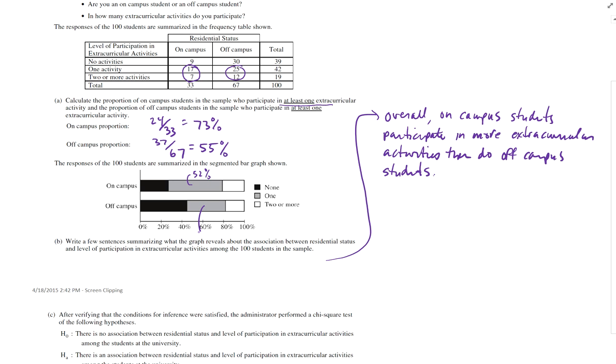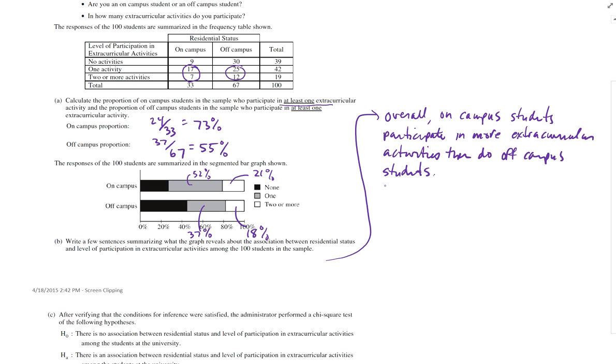This number here is 25 out of 67, is 37%. This number here is 12 out of 67, is 18%. And this number here is 7 out of 33, it's 21%.